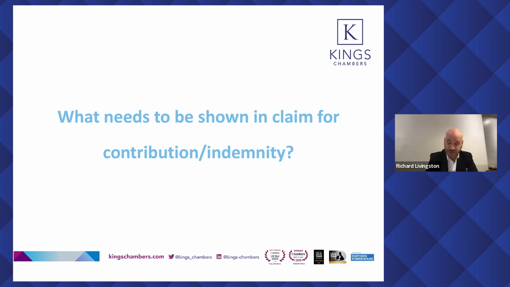If you subsequently seek contribution or indemnity from A, A is perfectly entitled to argue that on D's case, they settled a claim that was bad in law, and as such, by operation of Section 1.4 of the 1978 Act, they cannot seek contribution.